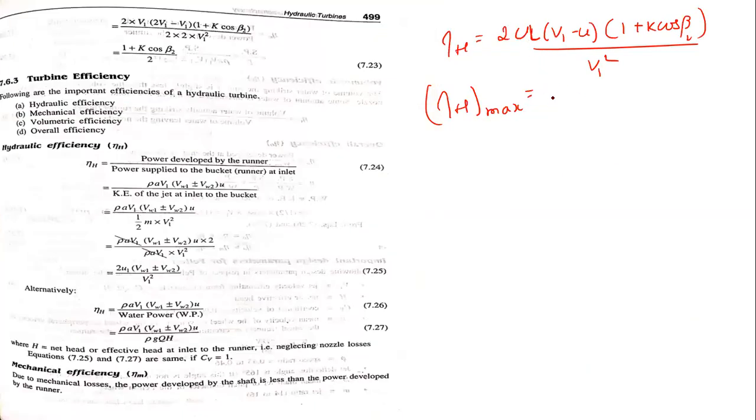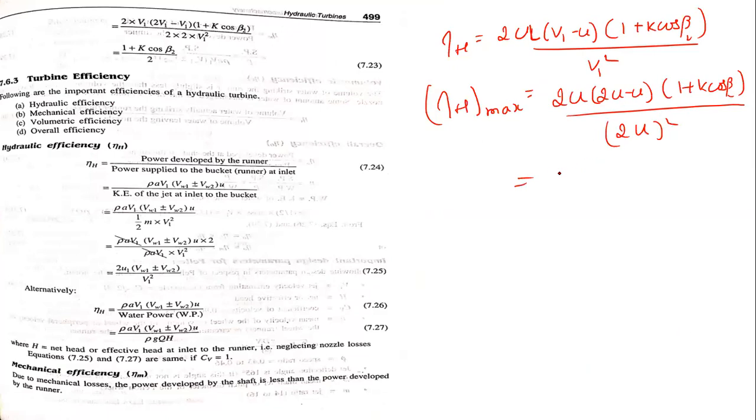So 2u (2u minus u)(1 plus k cos beta 2) whole divided by (2u) whole square. That becomes 2u square, 2u minus u becomes u into u, 1 plus k cos beta 2 whole divided by 4u square.